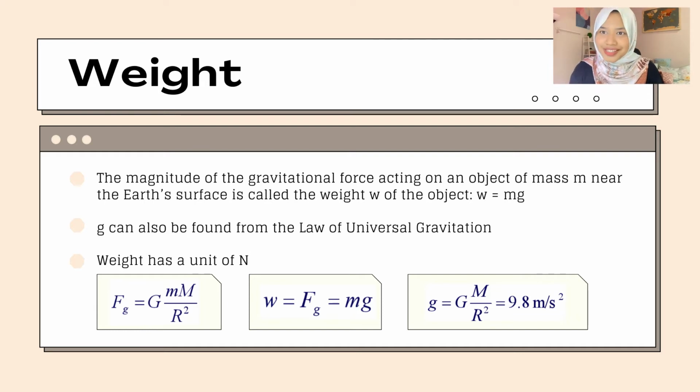As you can see in the slide, the formula of gravitational force is equal to G times M m over r squared, and if we derive the formula, we can get the value of gravity, which is 9.8 meter per second squared, and weight also has a unit of Newton.